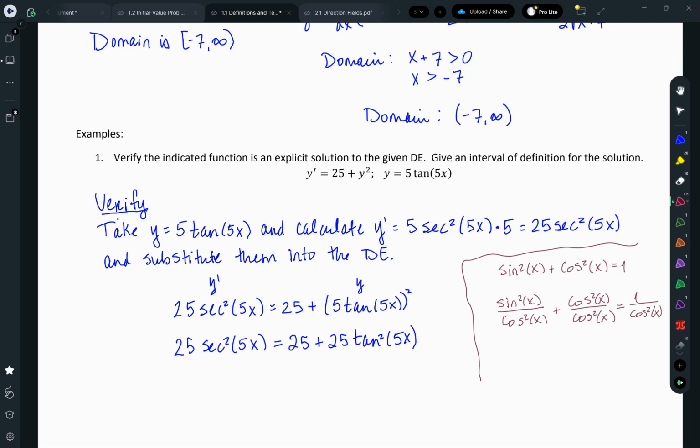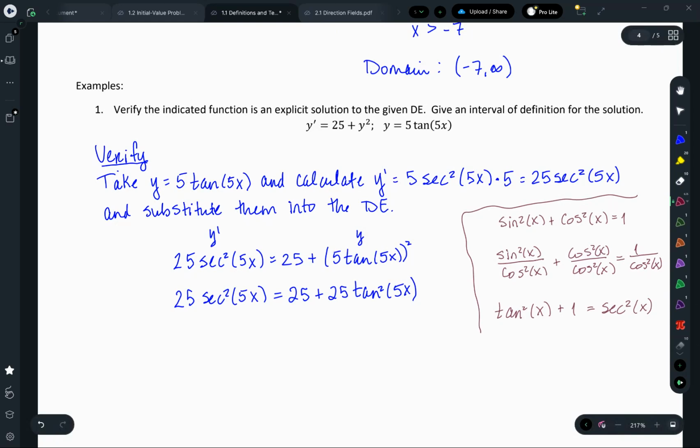And then I simplify that. Sine over cosine is tangent, so that's a tangent squared of x plus a 1, and 1 over cosine squared is secant squared of x. Now, if I was to multiply everything by 25 here, I would have 25 tangent squared of x plus 25 is equal to 25 secant squared of x.